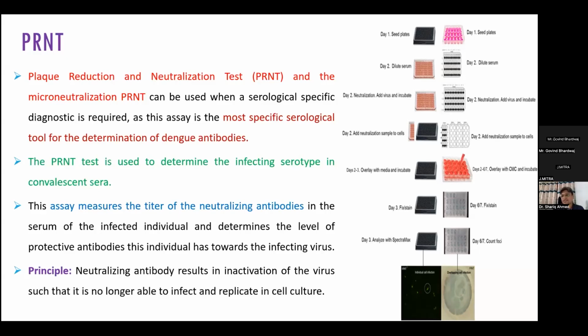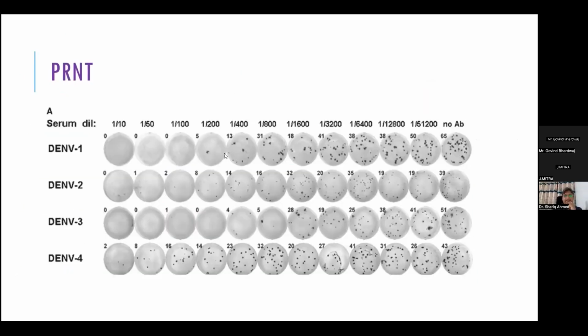So what is this test? We make a cell culture on the base of the microtiter plate. We allow the virus to infect and we pour the serial dilutions of the sera. If there are neutralizing antibodies present in the sera of the patient, they will neutralize the virus and there will be no growth of the virus on the cell culture, and we can see this plaque reduction.